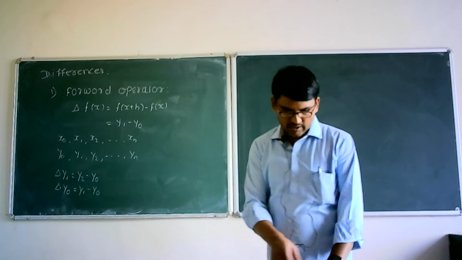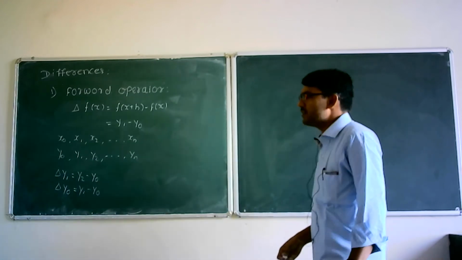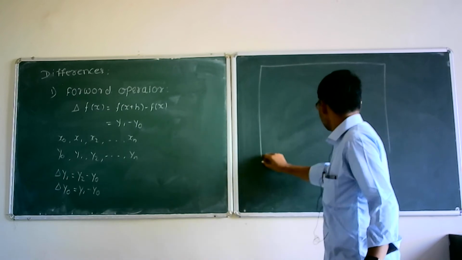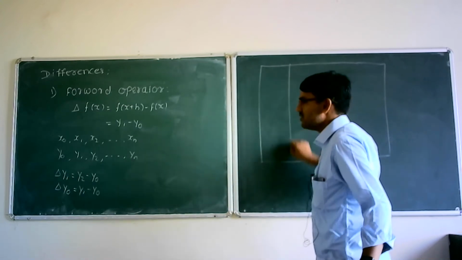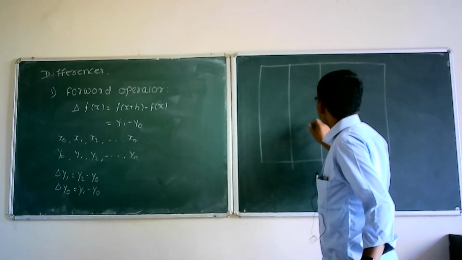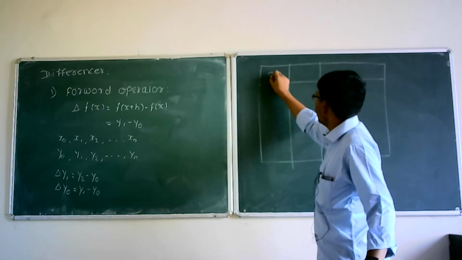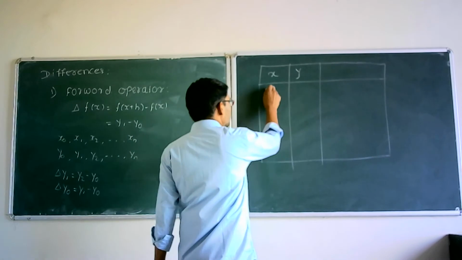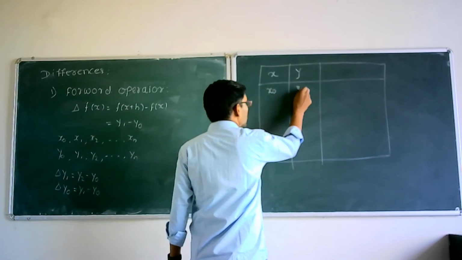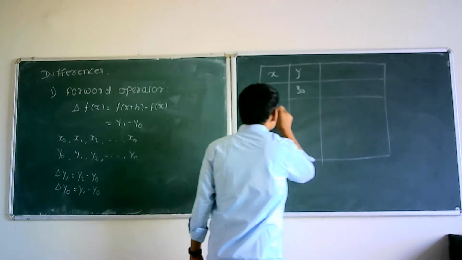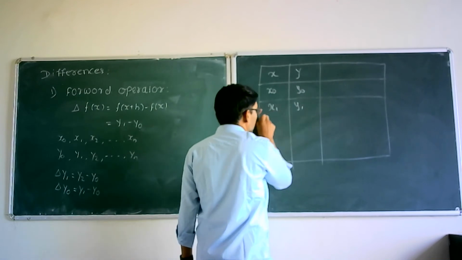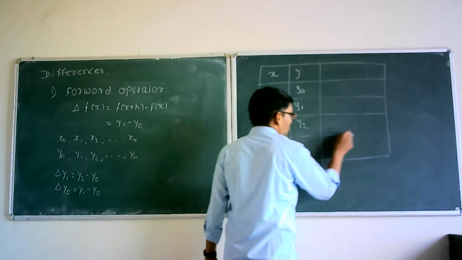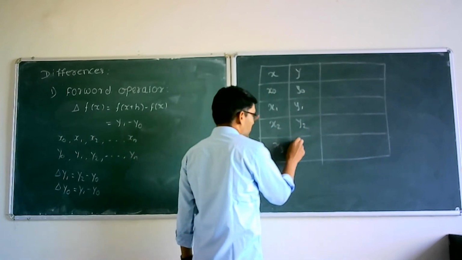And if you represent it in a tabular form, this is x, this is y: x0, y0, x1, y1, x2, y2, and x3, y3.